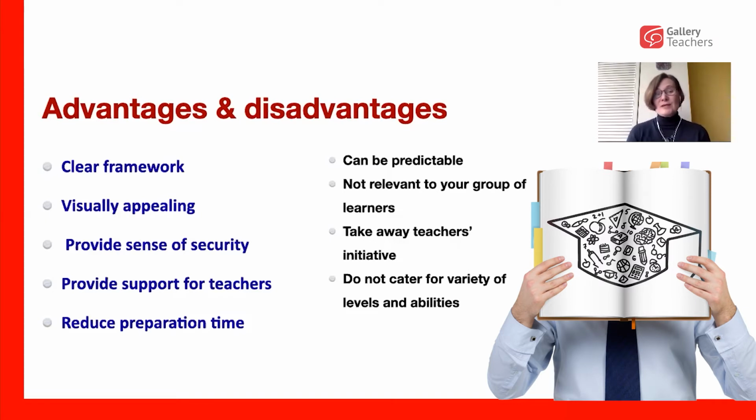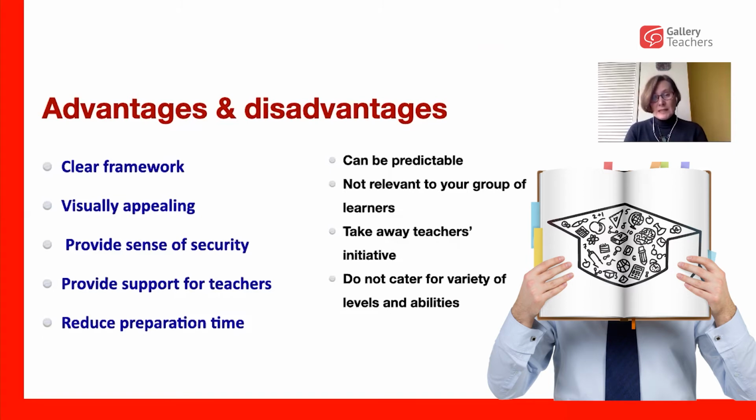So this is some of the understanding of it. And very often course books do not cater to different levels and abilities, and very often you have multi-level groups that you're working with, right? But you have to teach them the same material.